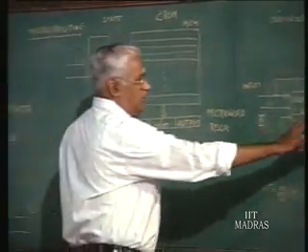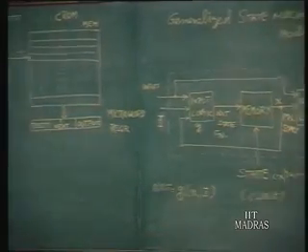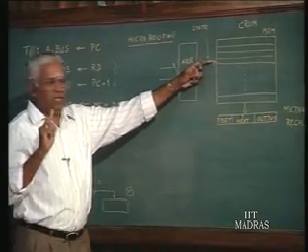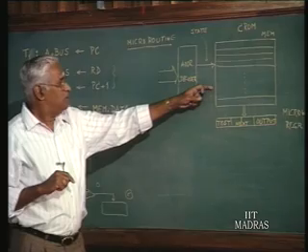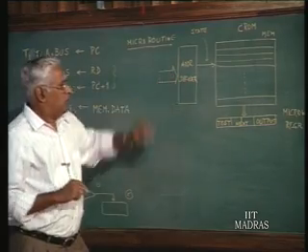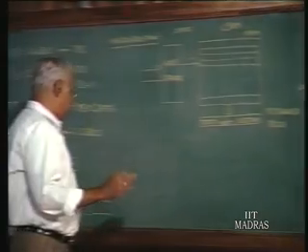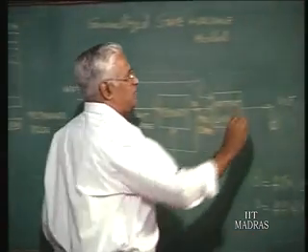This memory I said is the one which is going to store the state, and each one corresponds to a state. Okay. So suppose we have a system with say 52 states.